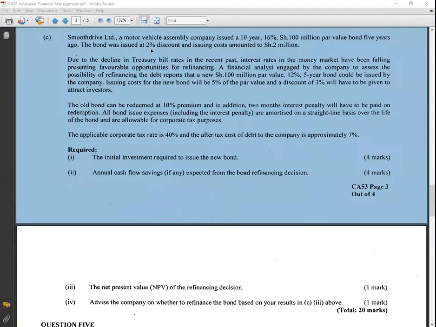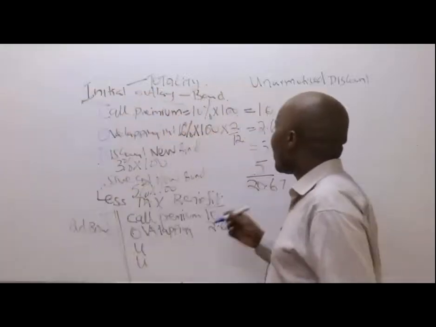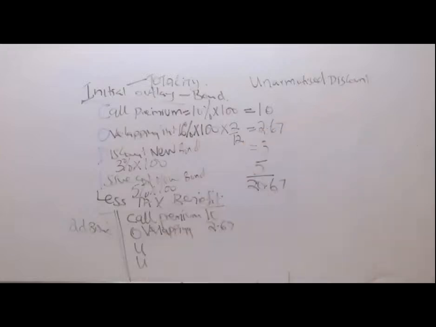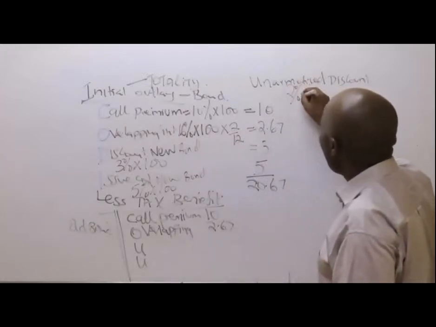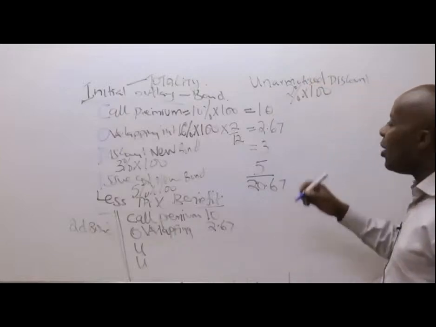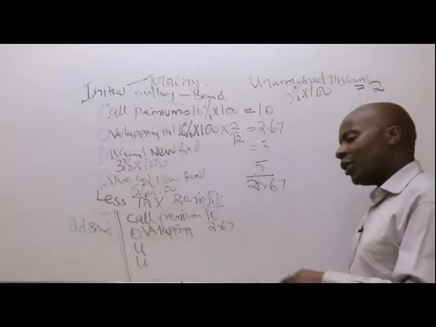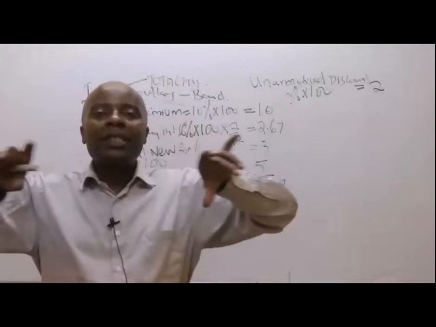It is 2% of the par value, which is 100. So 2% of 100, that gives us what here, somebody? 2. But now, ladies and gentlemen, remember that this is a 10-year bond.